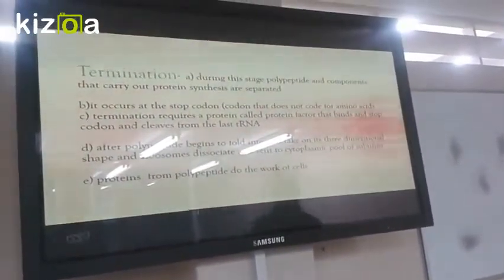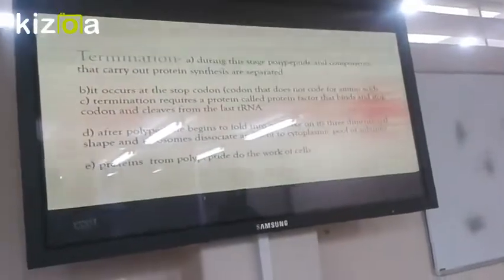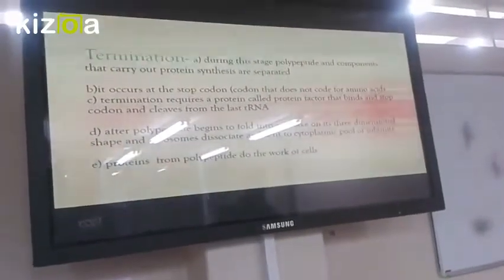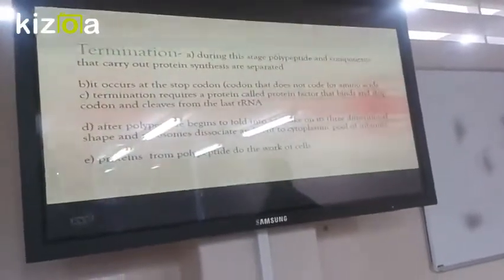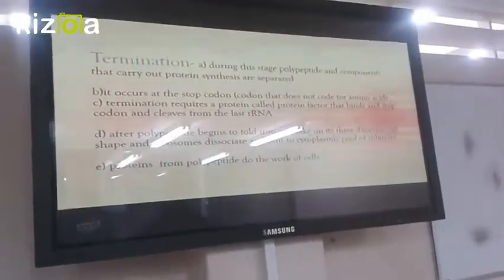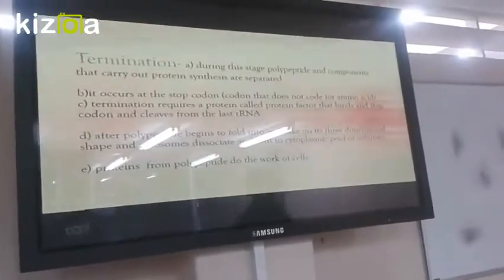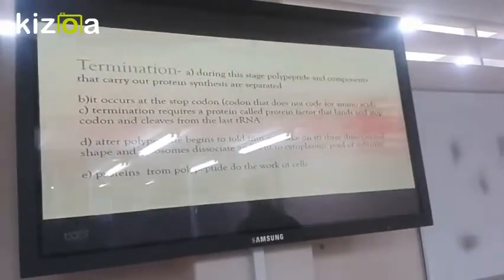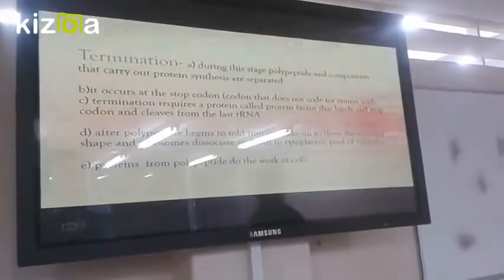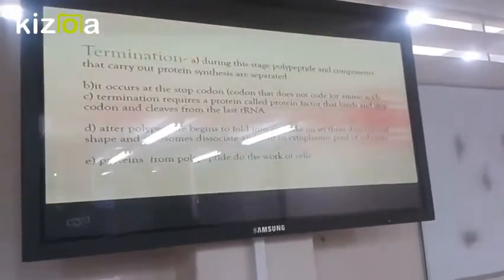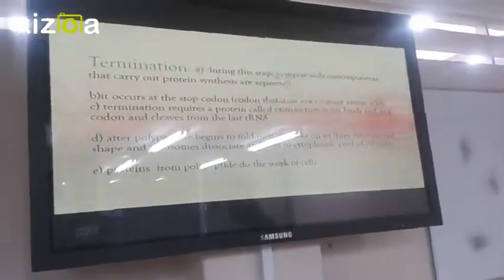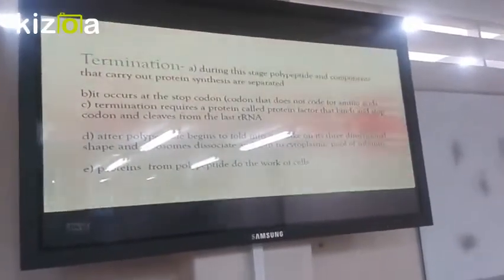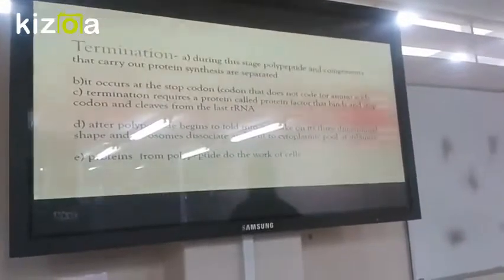Termination requires a protein called a release factor that binds and stops the process and cleaves the polypeptide from the last tRNA. This protein binds on the codon because there are no amino acids that can code with that.